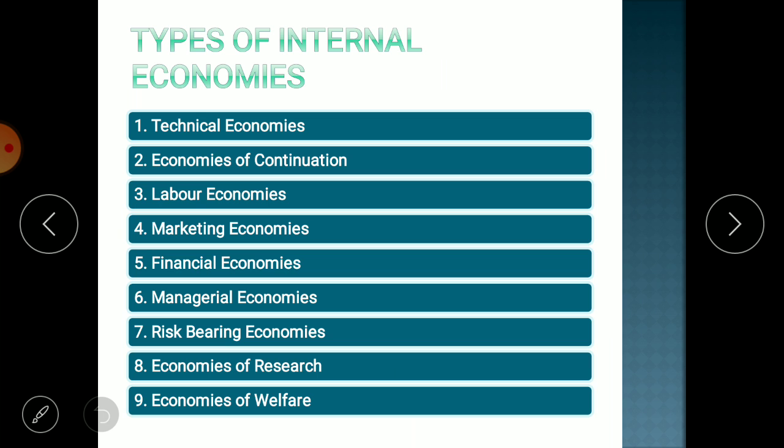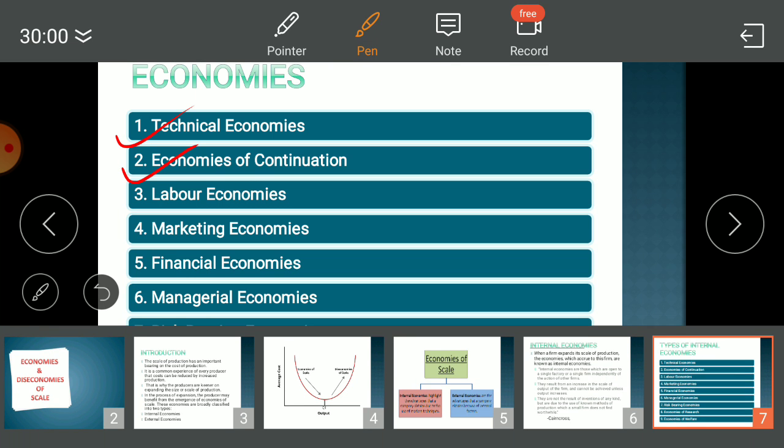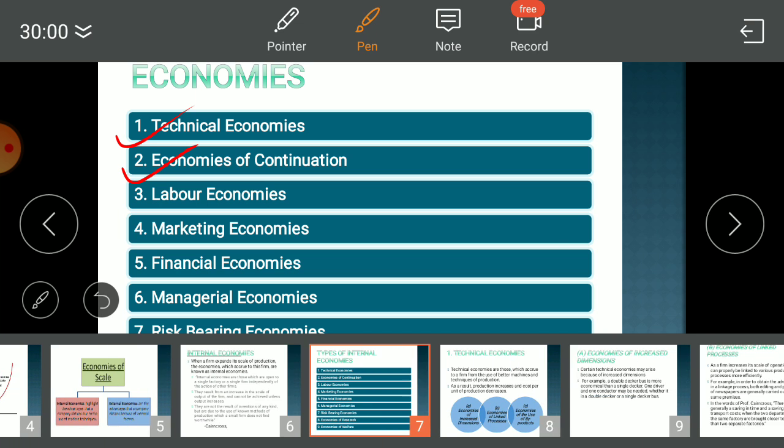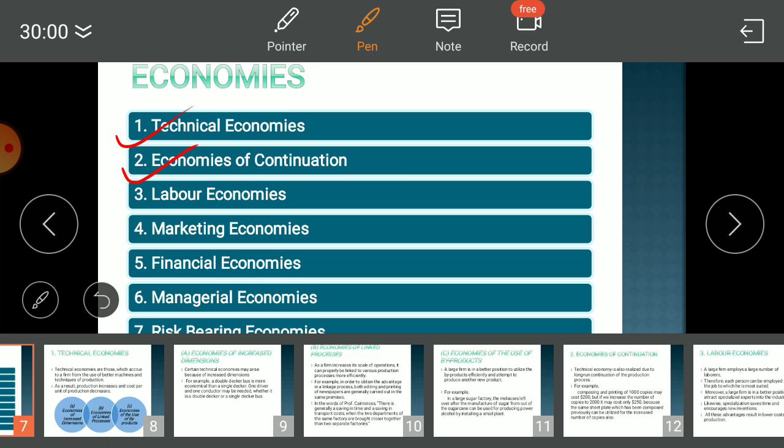Then we have seen the types of internal economies, and we have already completed two types, that are technical economies and economies of continuation. Now let us continue with the third type of economy, that is labor economies.